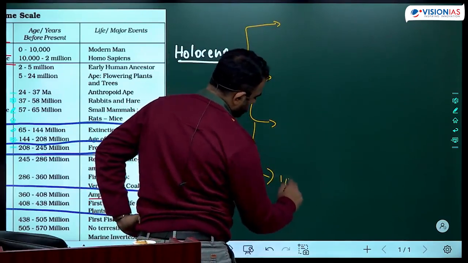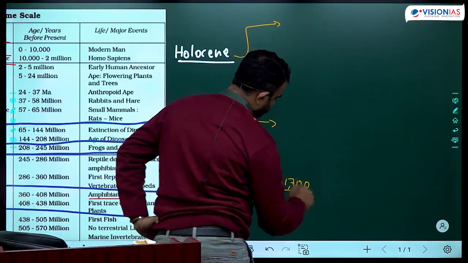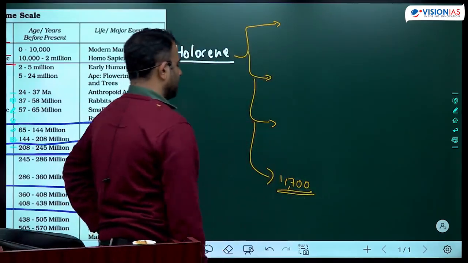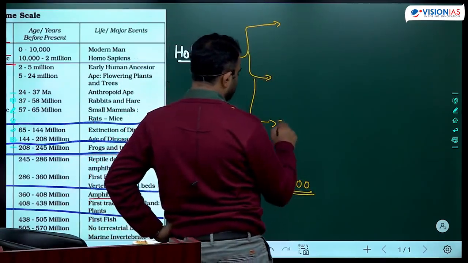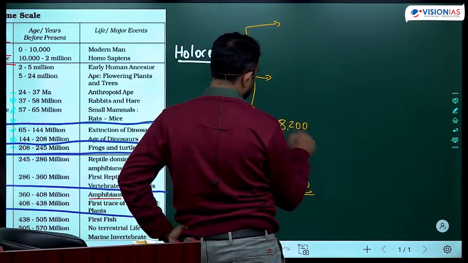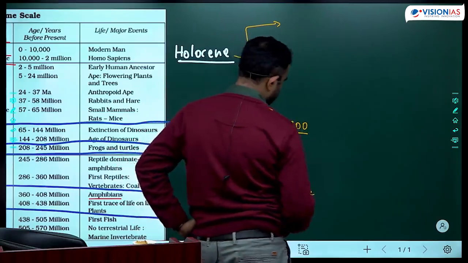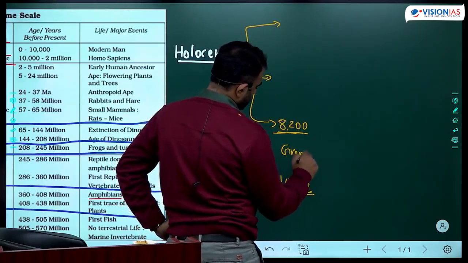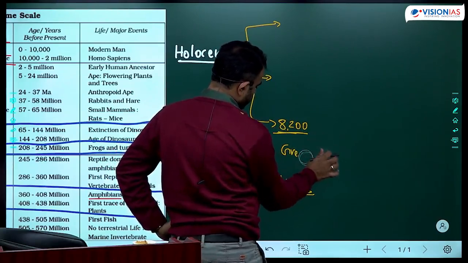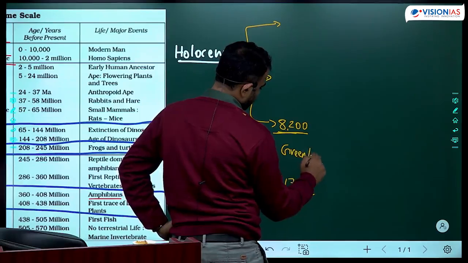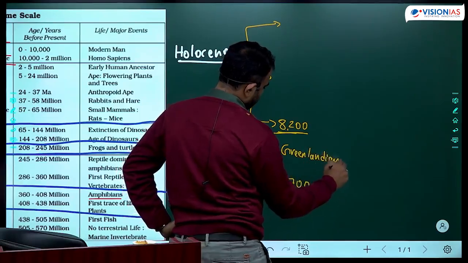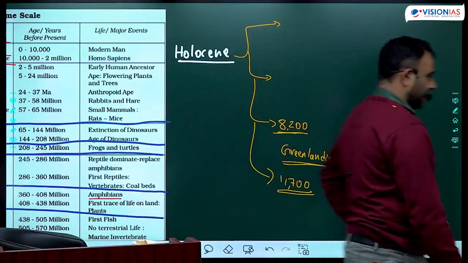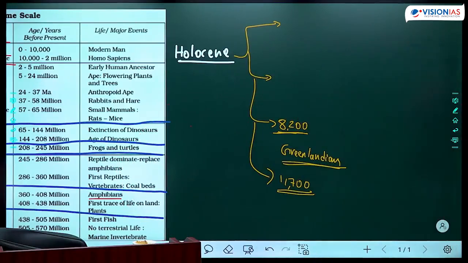Holocene began around 11,700 years ago. From 11,700 to 8,200 years is the first age, which is called the Greenlandian age. Greenlandian age is the first stage.